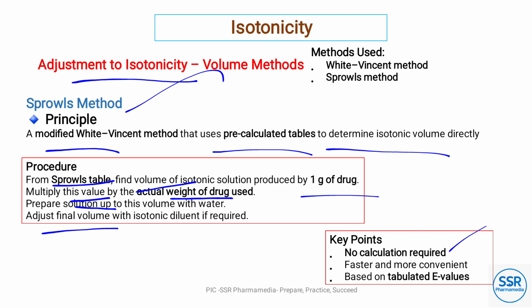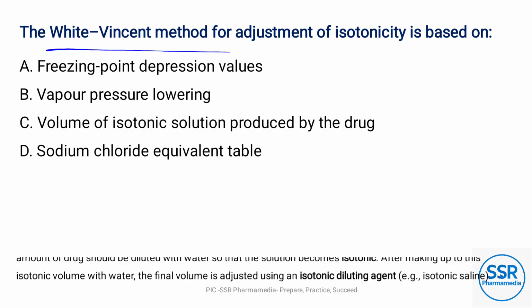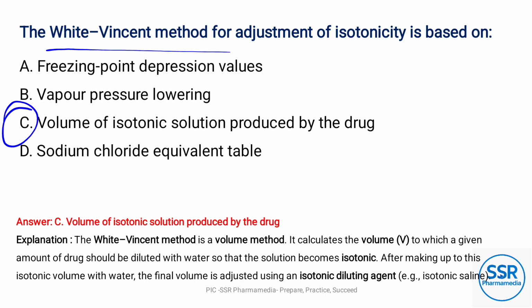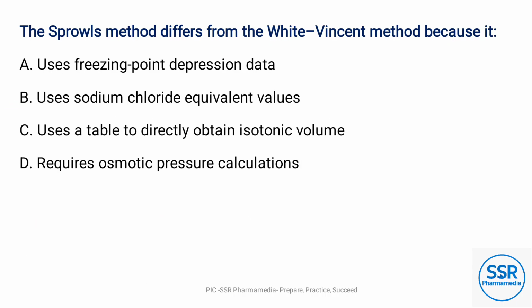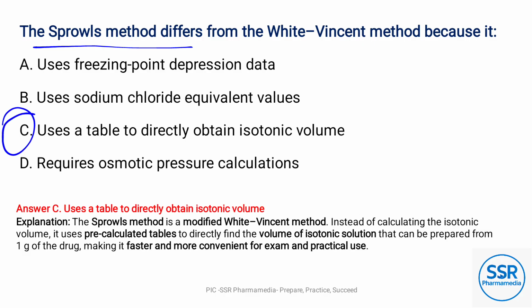No calculations are required; it is fast and more convenient, based on tabulated E values. The White-Vincent method for adjustment of isotonicity is based on, option C, the volume of isotonic solution produced by the drug. The Sprowls method differs from the White-Vincent method because of, option C, the use of a table to directly obtain the isotonic value.